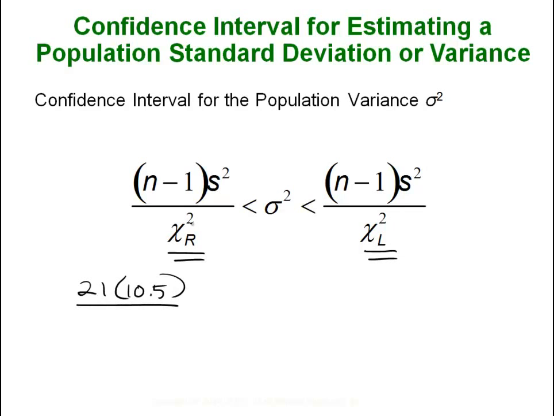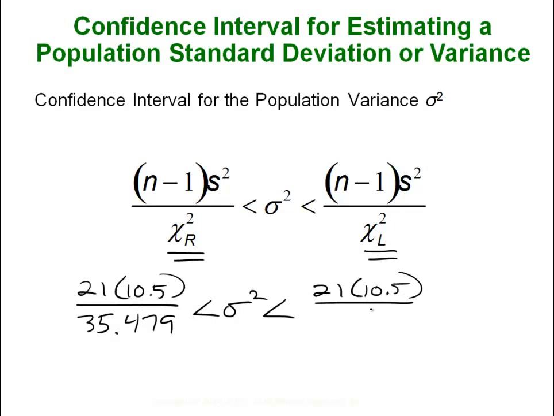And if you remember, the chi-square for the right-hand side was 35.479, and then the other side of the formula, 21 times 10.5 all over the left-hand chi-square, which was 10.283.